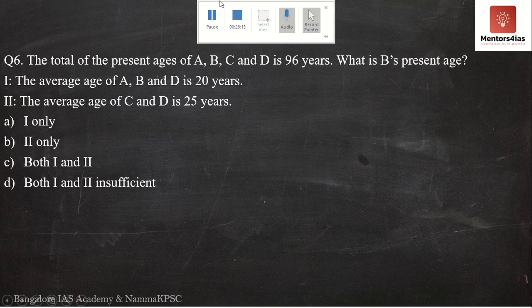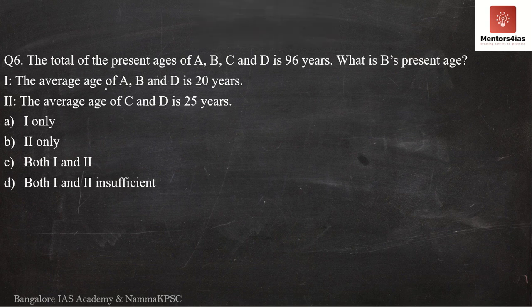Now, question number 6 says the total present ages of A, B, C and D is 96 years. Then what is B's present age? Now, this is a part of your data sufficiency.